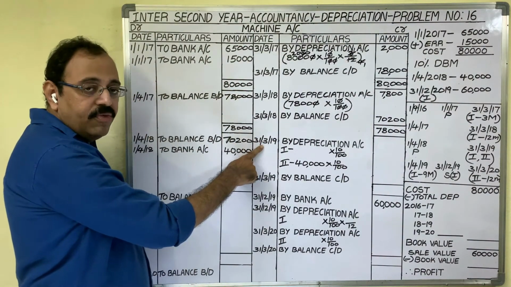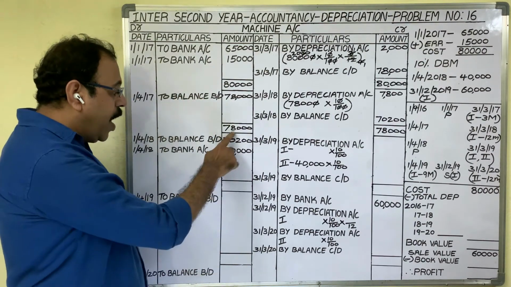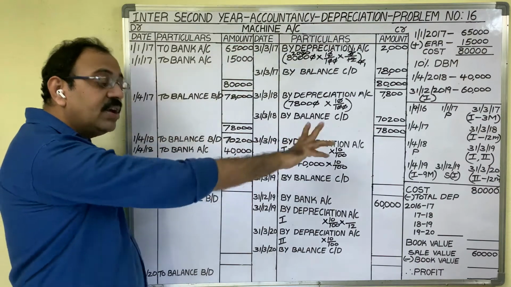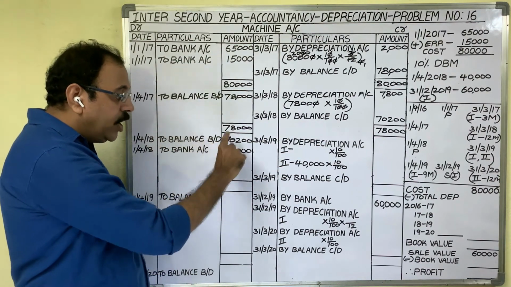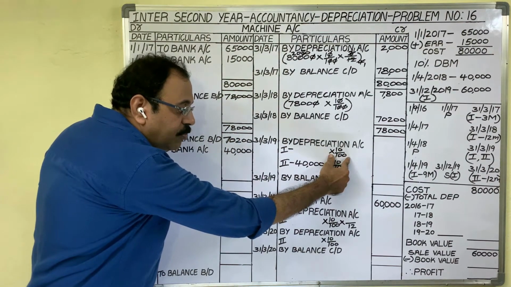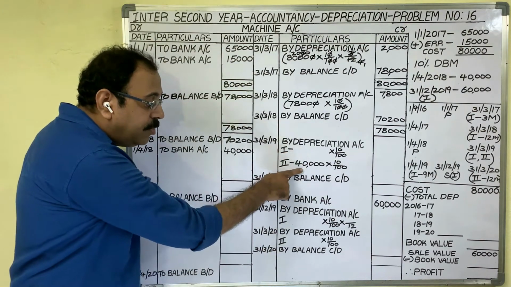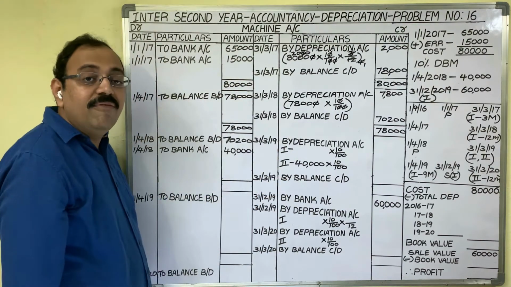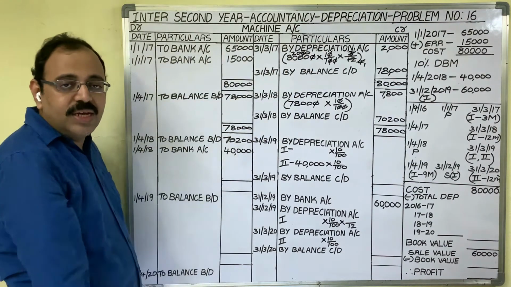On that day, we have two assets. Actually speaking, as both assets are used for 12 months, we can add these two values, and on total value, if you calculate 10% depreciation, that is enough. But I want to calculate depreciation separately. Why? Because first machine is sold in fourth year.